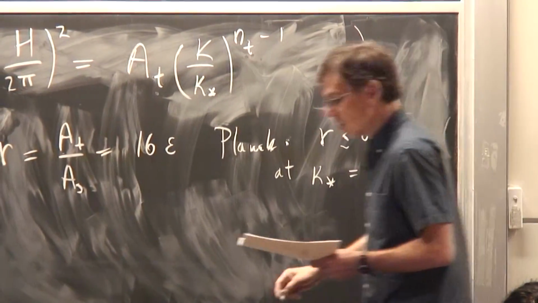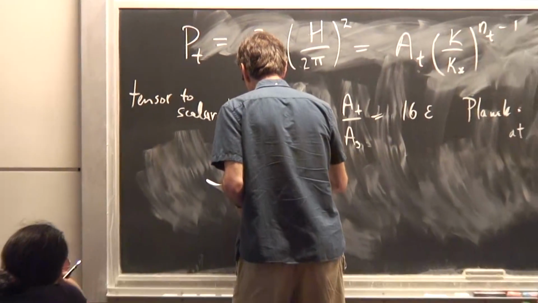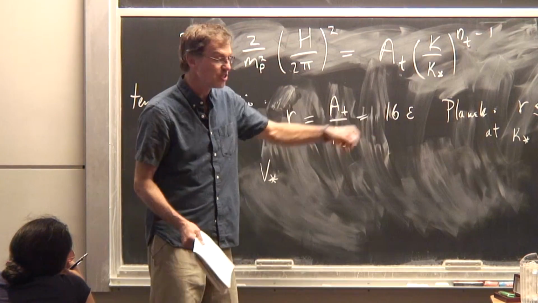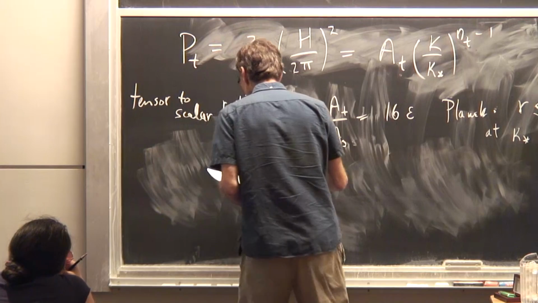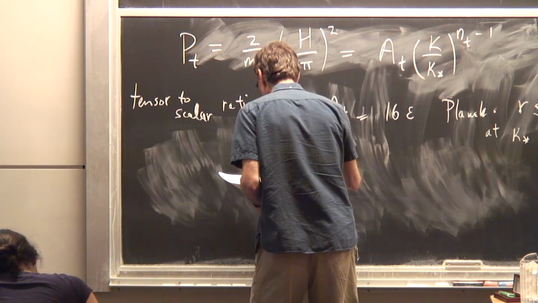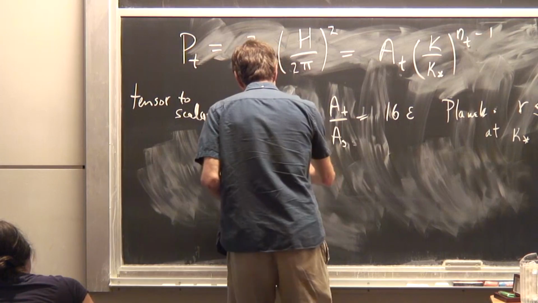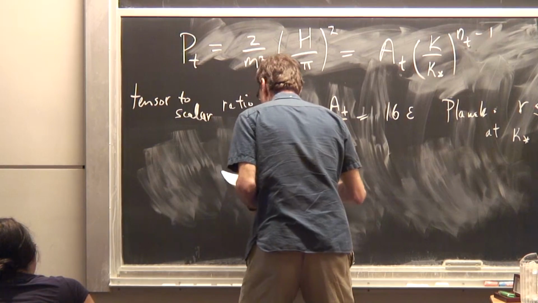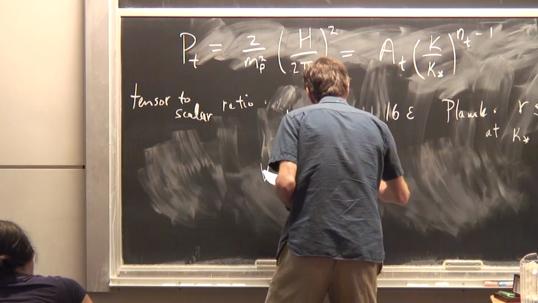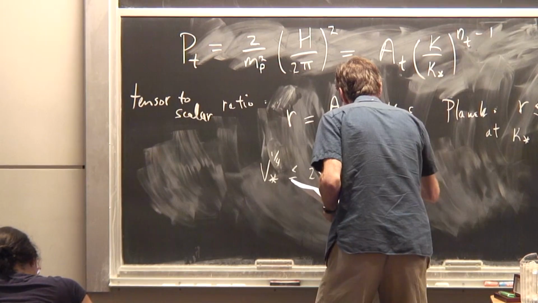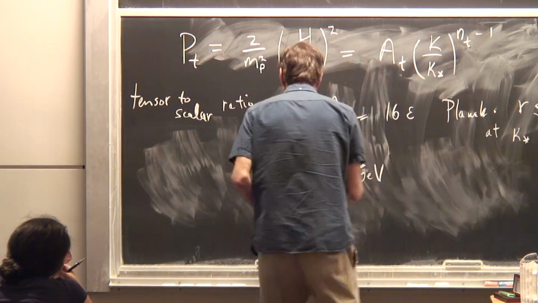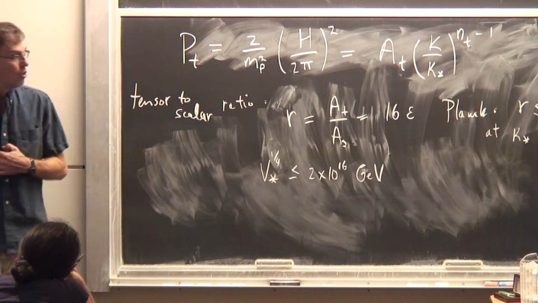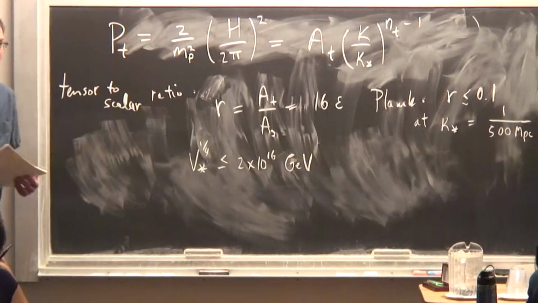This puts a limit on the scale of inflation evaluated at this reference wavelength. That V star to the 1/4, that's the energy scale of inflation, has to be less than 2 times 10 to the 16 GeV. So that's very interesting, that we already know inflation can't be all the way at the Planck scale, or at least not at the time of this horizon crossing.